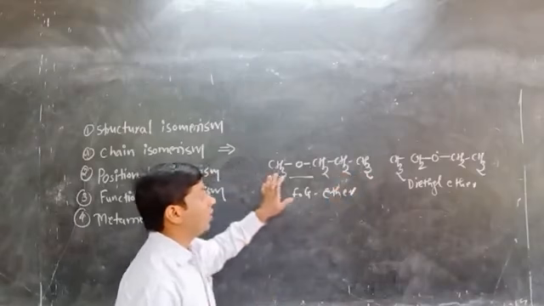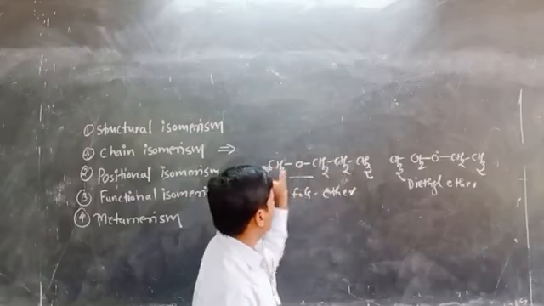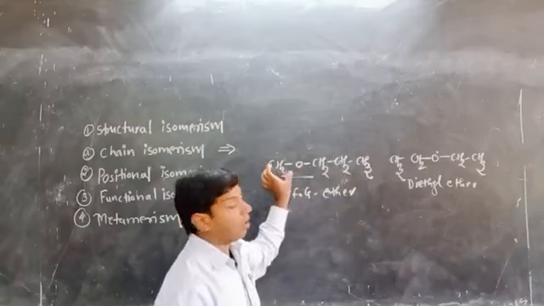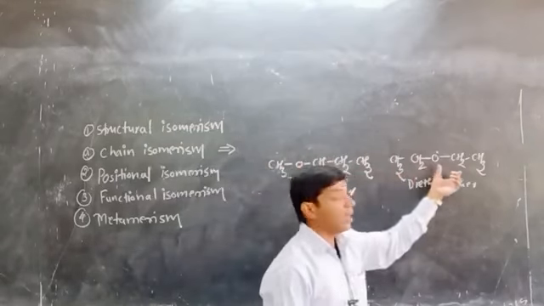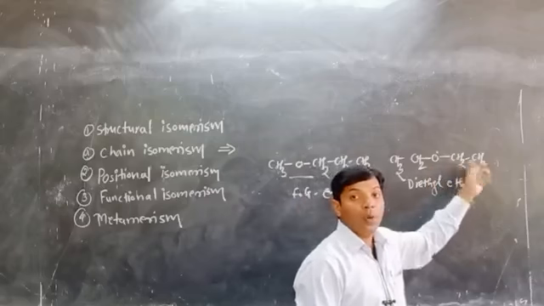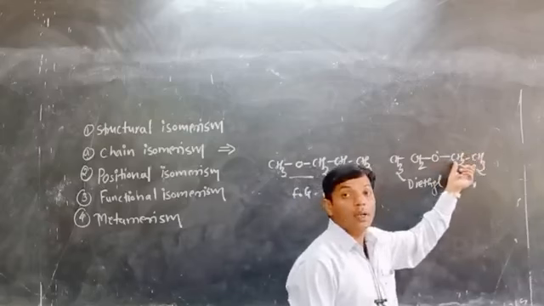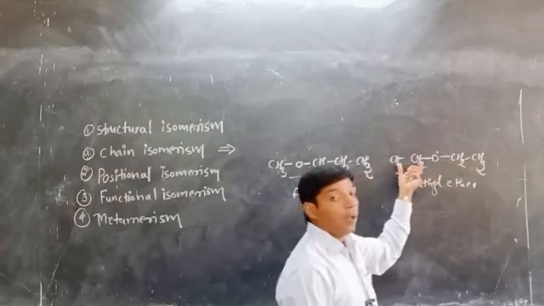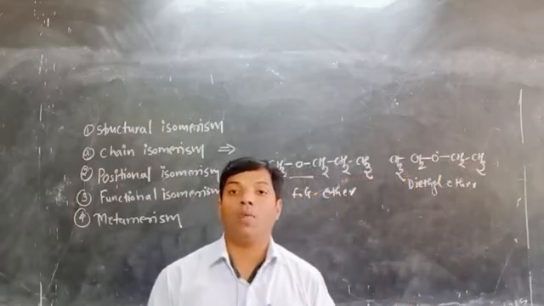Here only 1 carbon atom is there. Here 1 propyl group is there, here 1 methyl group is there. But in the second isomer, you will find on the left hand side 1 alkyl group with 2 carbon atoms, and on the right hand side you will find 2 carbon atoms and 1 alkyl group.